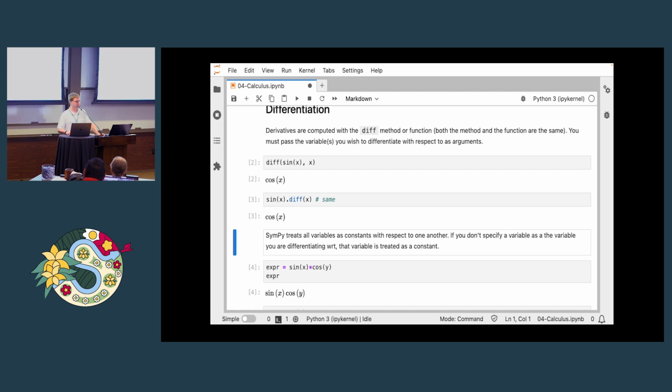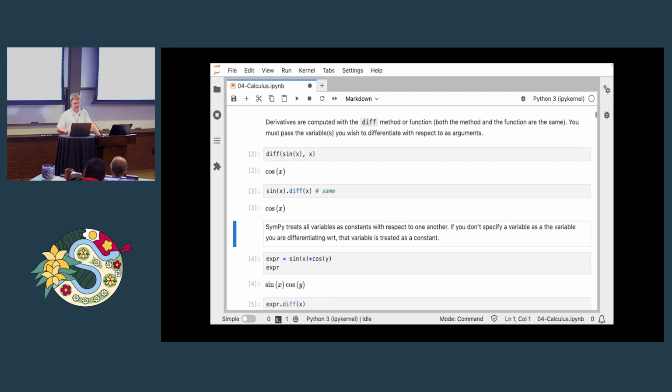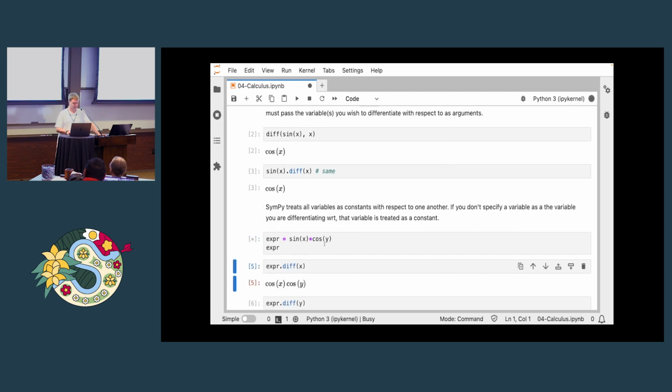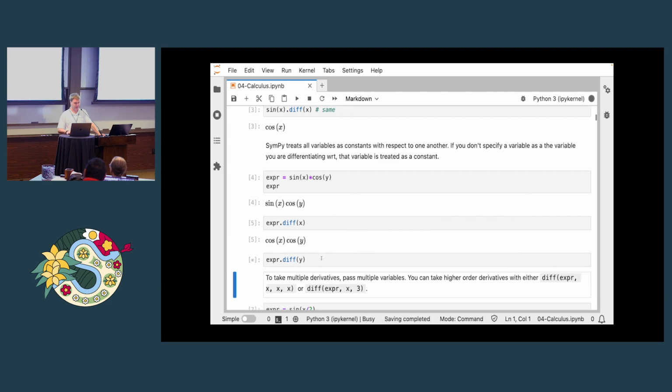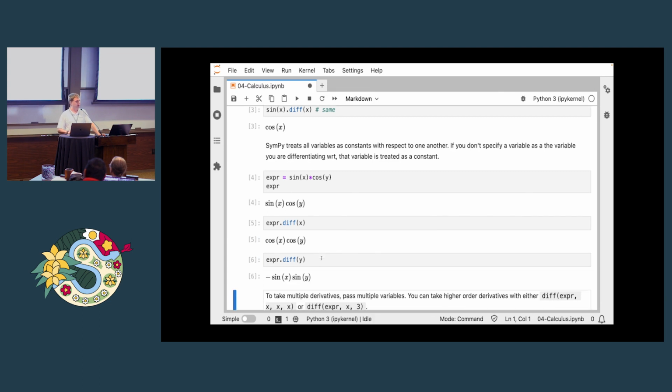So there's no notion of constants or variables. It all depends on what variable you pass to the diff function as to what's considered a constant or a variable. So for example here, if I take this sine x times cosine y, I can differentiate that with respect to x, or I can differentiate it with respect to y.